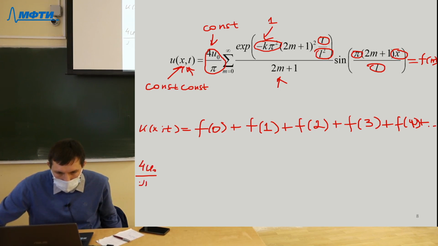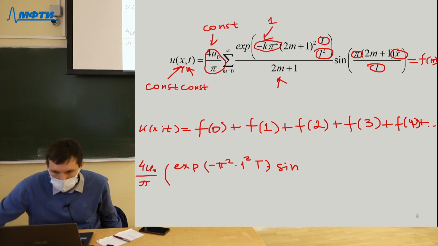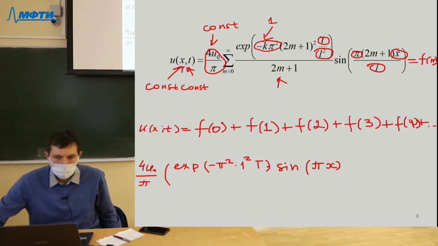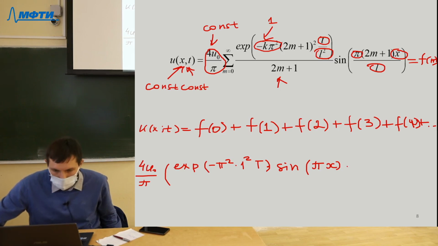So m equals 0 gives 4u0 over pi times exponent of minus pi squared times 1 squared t, times sine of pi x, plus the next term.